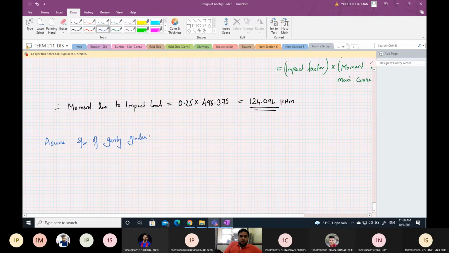So let us assume some self-weight. Let it be 2 kilonewton per meter. Then we have been given the self-weight of rails. See, this is the section of the gantry girder.